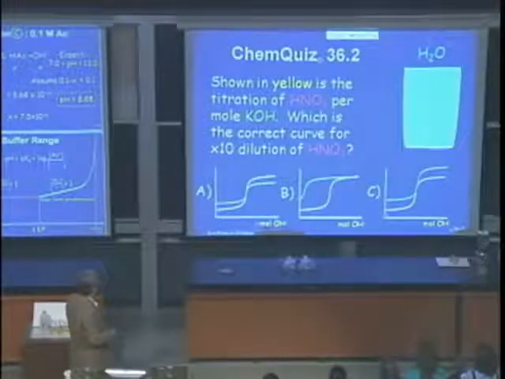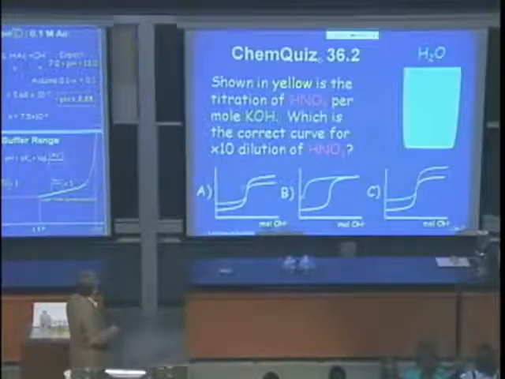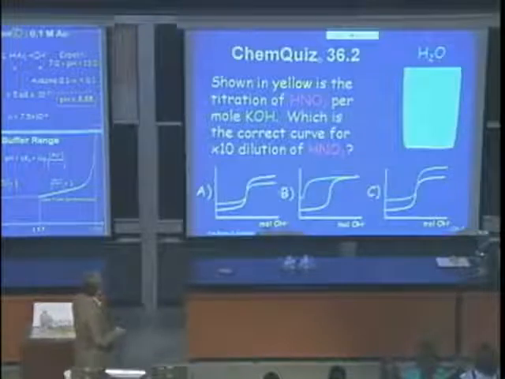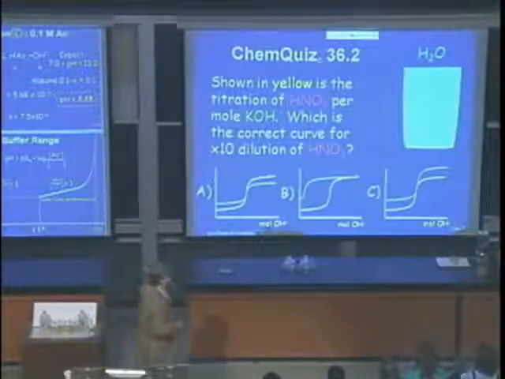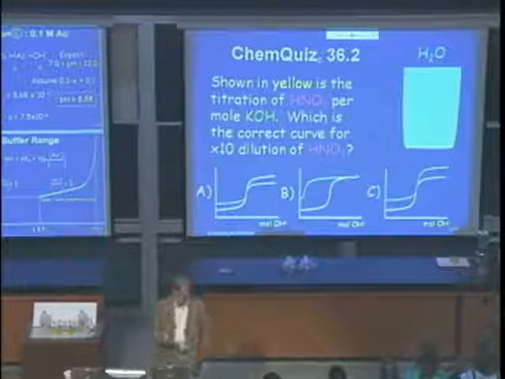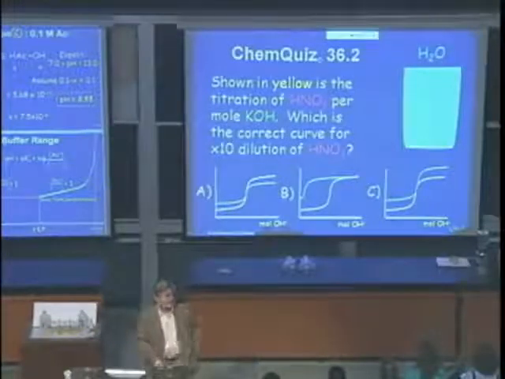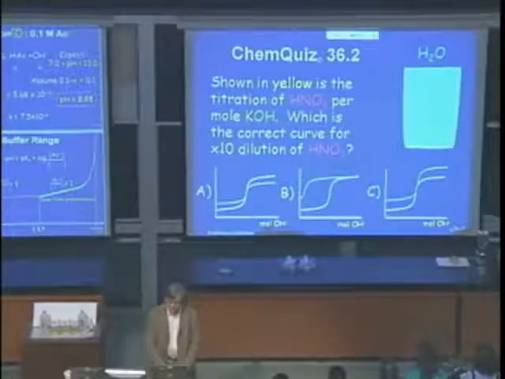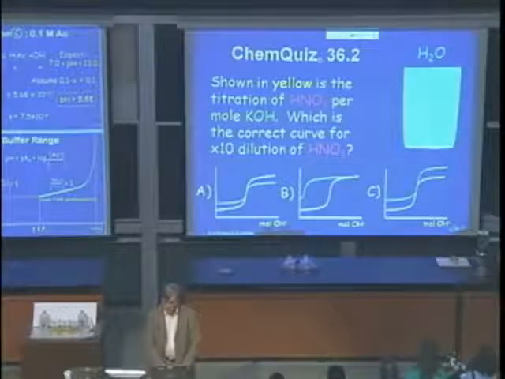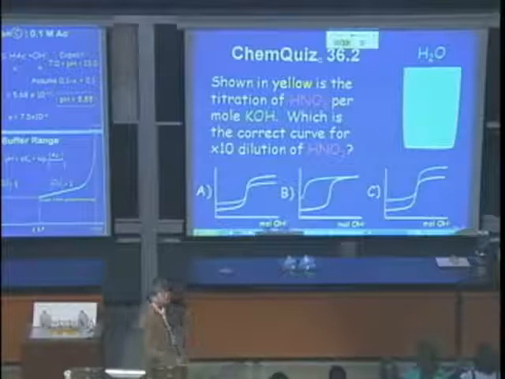And I want to know from you, which green curve is that new titration curve? Is it A, or B, or C? By answering this right, you show me that you understand this whole business with strong acids and dilution and so on. And let's see if you do. Give me your answer, please.